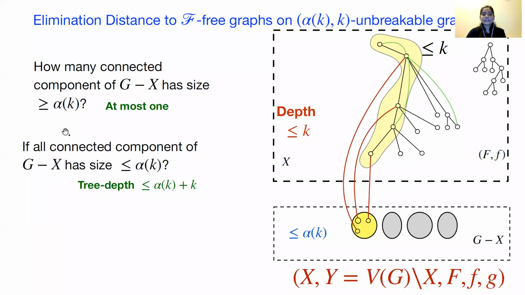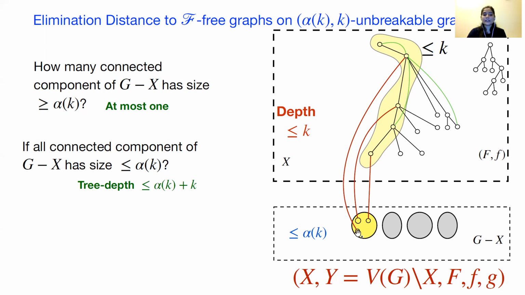Now consider the other case, that all the connected components in G minus X are small, that is, of size strictly less than alpha k. Then you can see that the tree depth is bounded by alpha k plus k, as the upper graph already has tree depth bounded by k, and in the lower graph each connected component is of size at most alpha k, and each sits under only one root to leaf path.